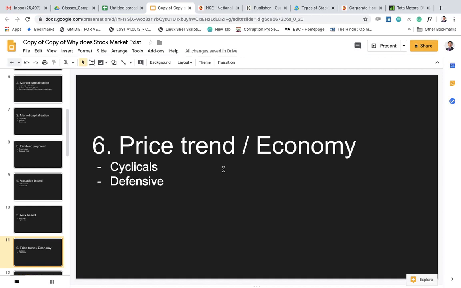So knowing this factor is very important when you are choosing a way to invest, whether you want to be on the cyclical side, the defensive side, or a mix of both. Both have their own advantages and disadvantages. A cyclical stock may perform really well when the economy is performing well, and a defensive stock has the benefit that even if the economy is not doing well, it will still hold.